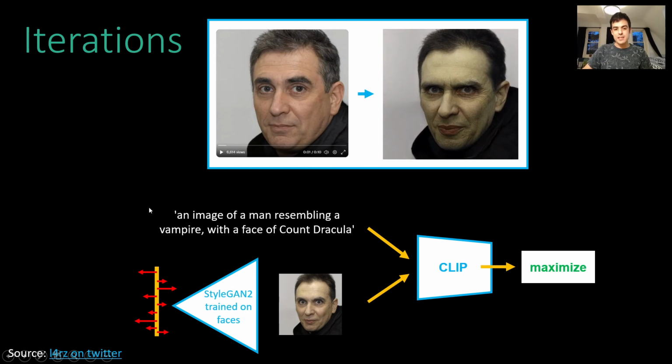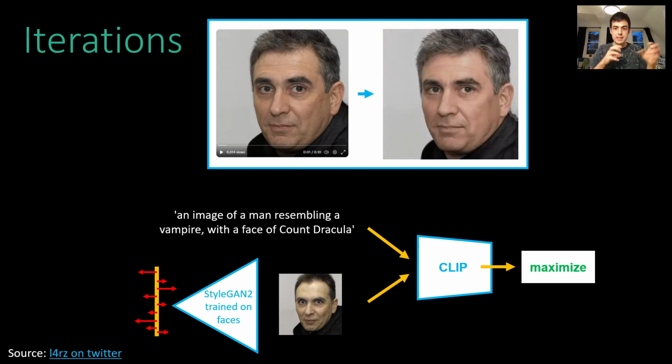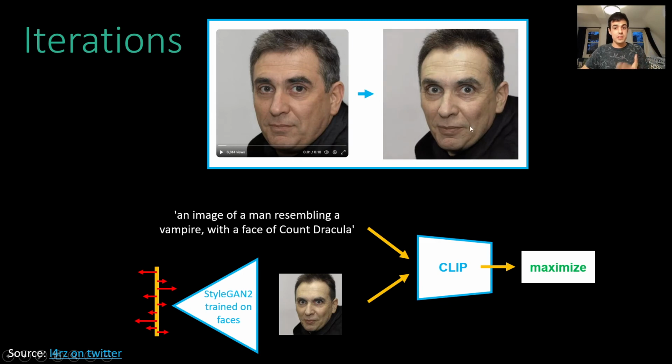We have this text prompt, and we have the task of maximizing whatever is coming out of the CLIP by changing this latent vector. Iteratively, we will change this latent vector little by little. And that's exactly what we see here. These frames of this video are the individual iterations of how this face is slowly morphing in the direction of something that satisfies this model as a vampire image.